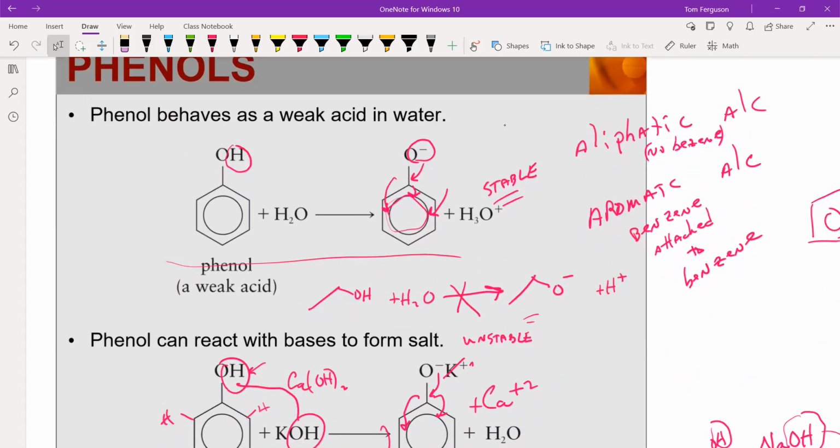One thing about aromatic alcohols is they act like weak acids. I had this discussion with an advanced instrument class, Dr. Atkins.